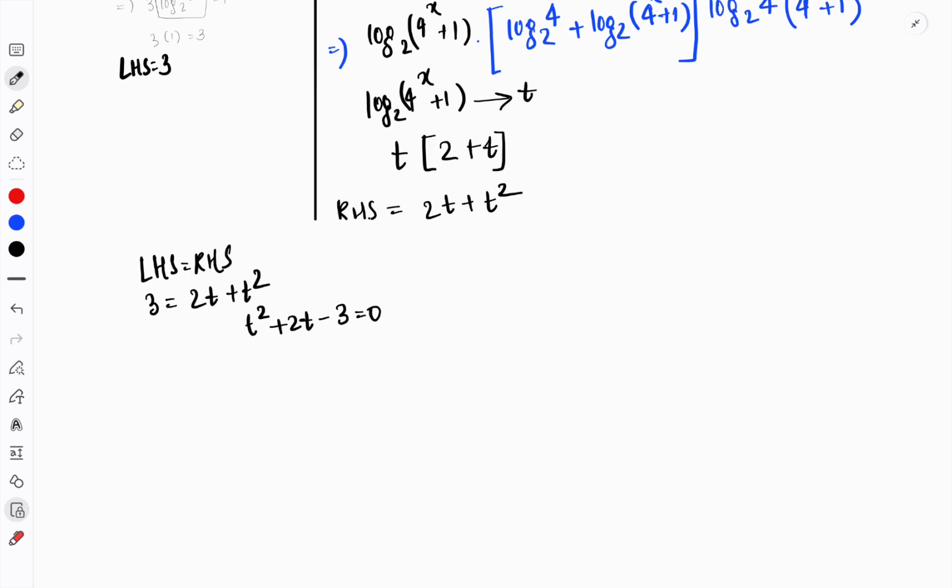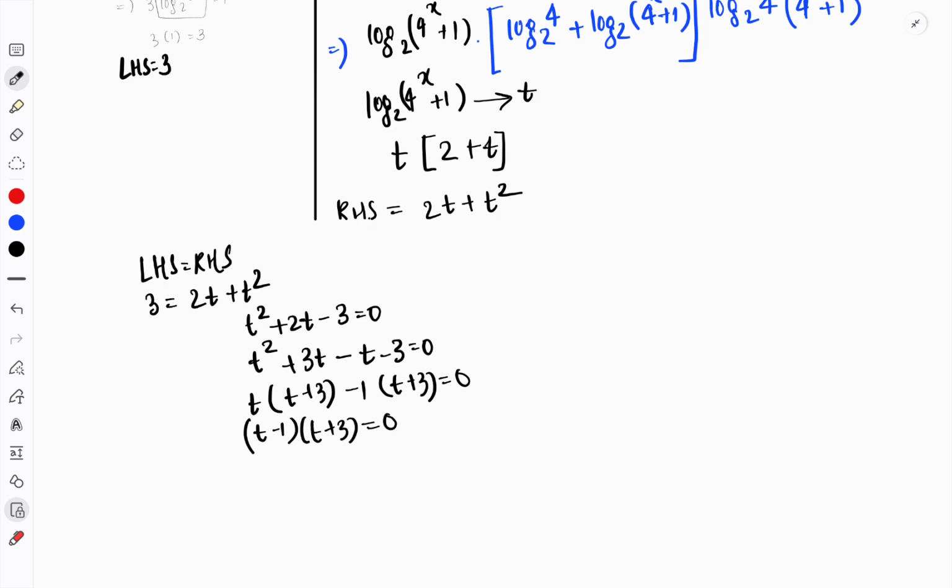We need minus 3, so we can write t square plus 3t minus t, and we need to write minus 3 is equal to 0. So t plus 3 minus 1, t plus 3 is equal to 0. T minus 1, t plus 3 is equal to 0. Therefore t is equal to 1 or t is equal to minus 3.